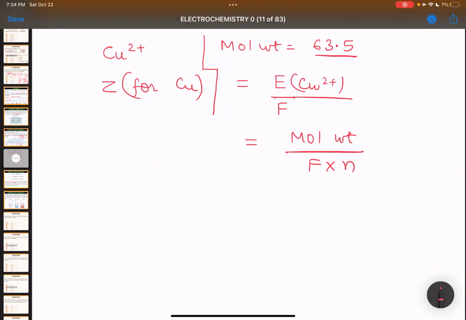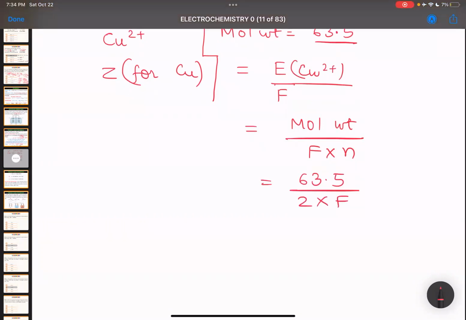Copper is going to take how many electrons? 2 electrons. So 63.5 by 2 into F. Is it clear?